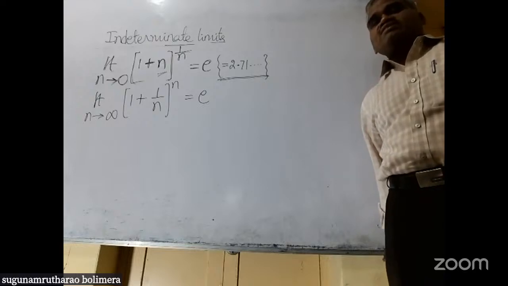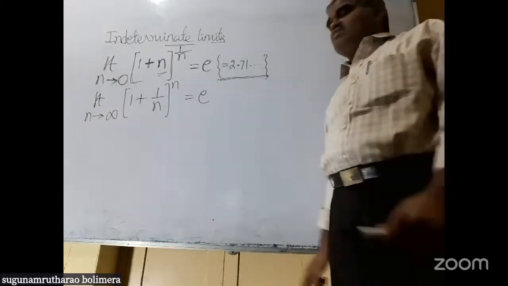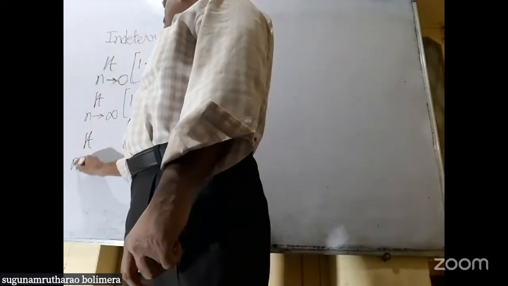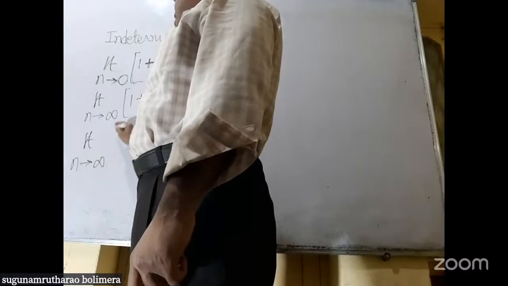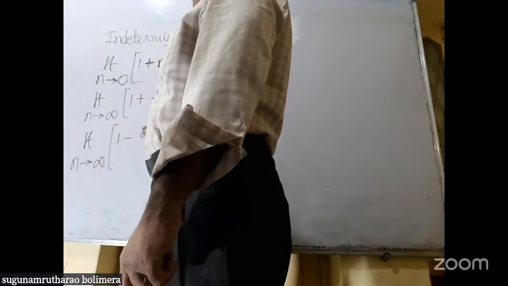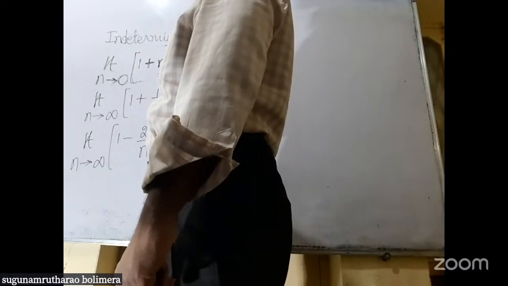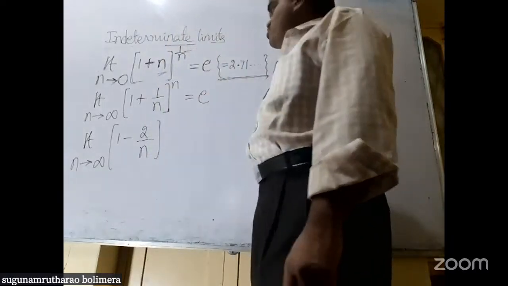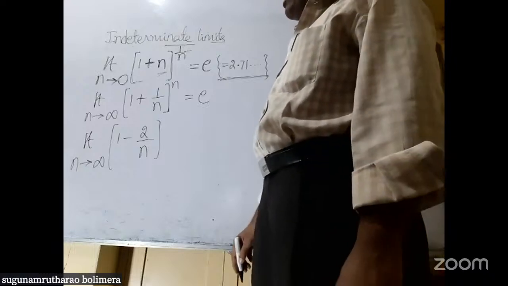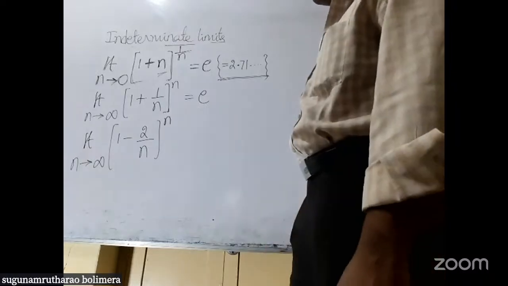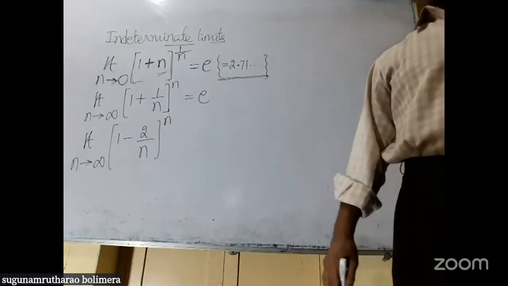So let me write one question. Limit n tends to infinity, 1 minus 2 by n whole power n. Tell me the value of it.